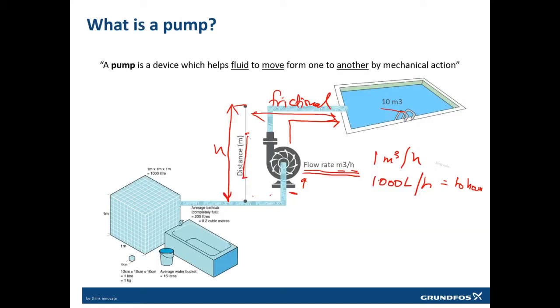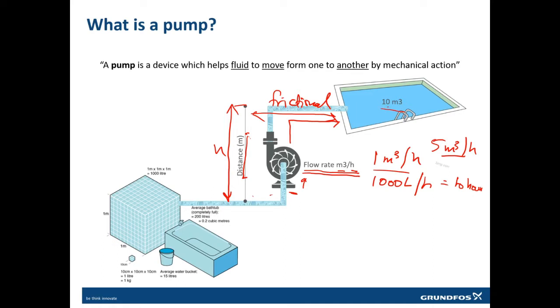But for example, you want to fill the swimming pool faster. So you will not take the pump with 1 meter cube per hour. You will take a pump with 5 meter cube per hour. This parameter, meter cube per hour, is actually the size of the pump, how fast this pump can fill the swimming pool.